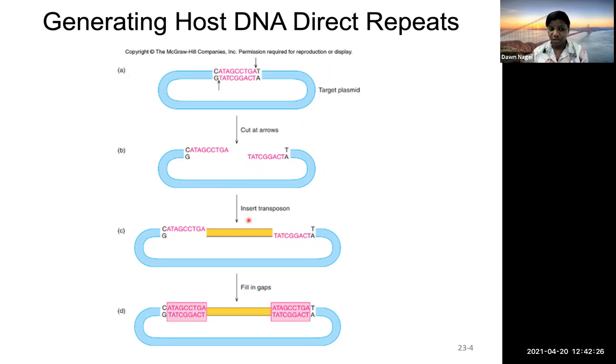The transposon inserts at this particular location from wherever else it's coming from. And once this insertion happens, these gaps need to be filled in, right? And once these gaps are filled in, what you have is these sequences repeated on the same ends. They're direct repeats because they read the same sequence in the same orientation, right? So ATA, it's also ATA here. So the direction is the same, so they're referred to as direct repeats.